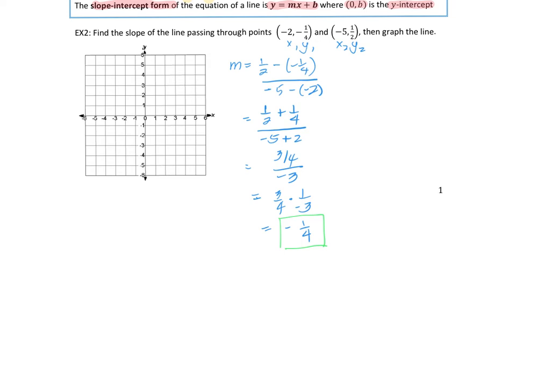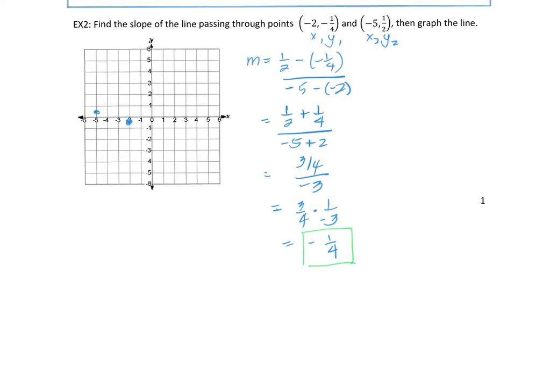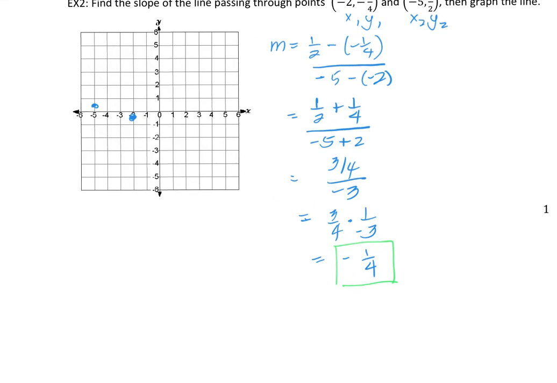We have negative 2, negative 1/4, which is really close to the x-axis, and then we have negative 5, positive 1/2. So that's going to be a line that goes down as we go left to right. Sad line.